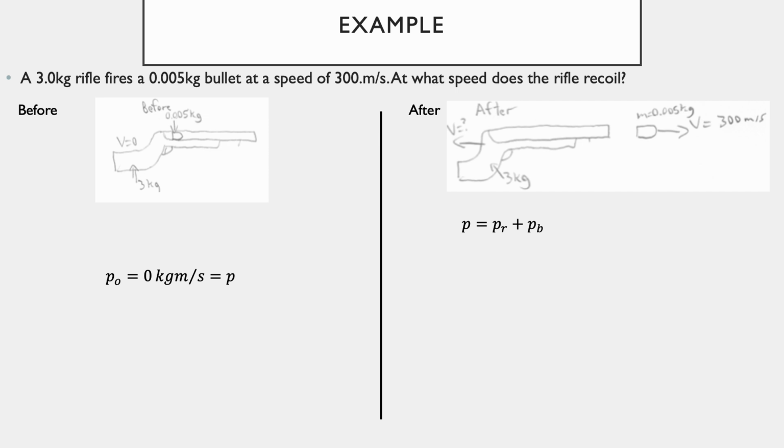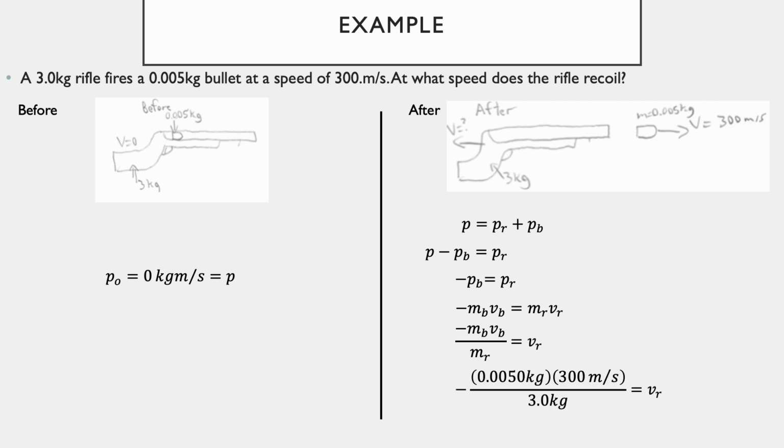I would move the momentum of the bullet to the other side of our equation. And then we can get rid of our final momentum because we know it's equal to 0. So 0 minus momentum of bullet would just be negative momentum of the bullet. We can then substitute in our mass times velocity for each of those, and then divide both sides by the mass of the rifle. Substitute our values in, and we get that the rifle recoils at negative 0.5 meters per second.